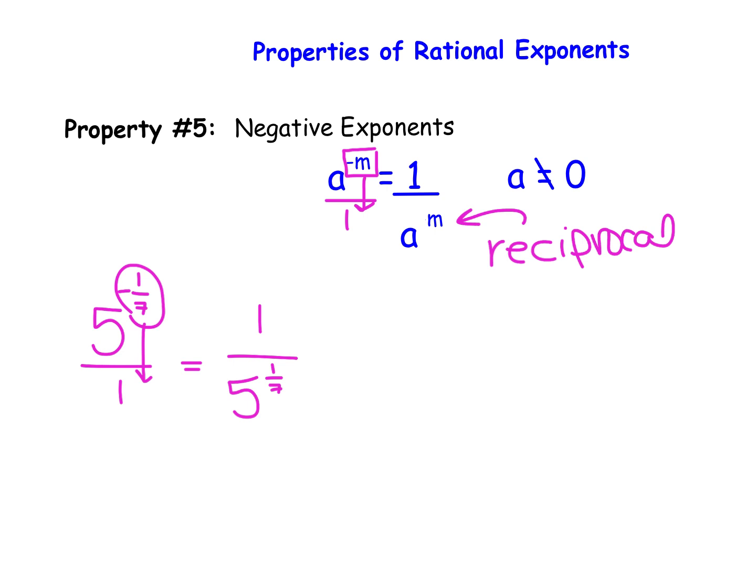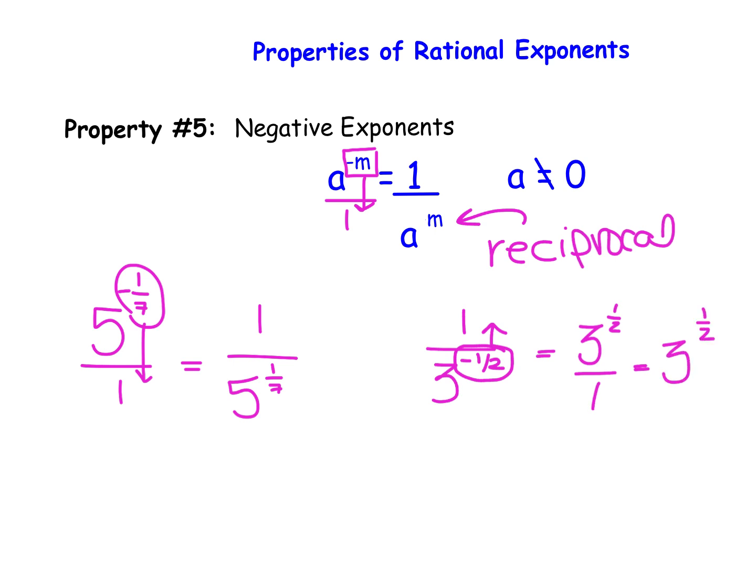We might also see something like 1 over 3 to the power of negative 1/2. Again, we have a negative exponent. If we want to turn this into its positive exponent equivalent, we flip it to its reciprocal by moving it to the other side of the fraction. So in this case, this would become 3 to the power of positive 1/2. You can put it over 1, but anything over 1 just becomes itself.